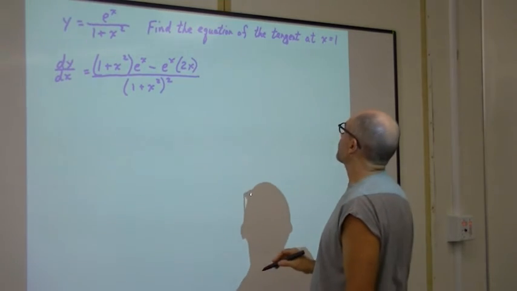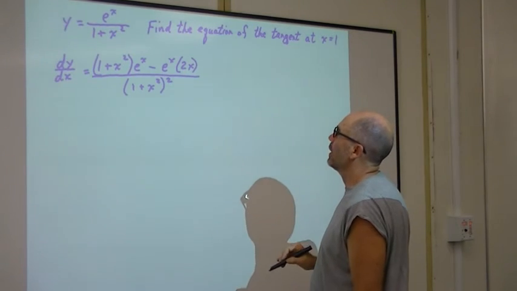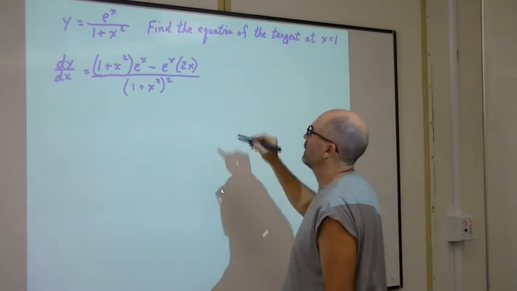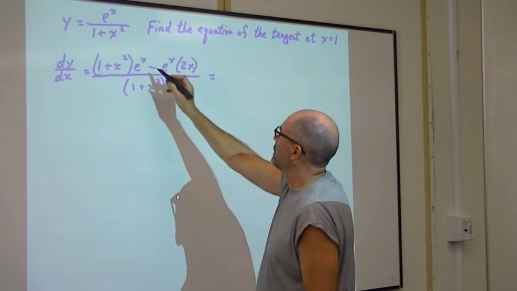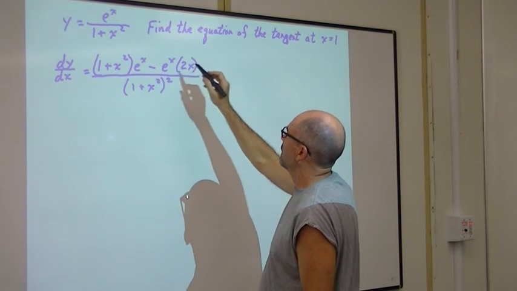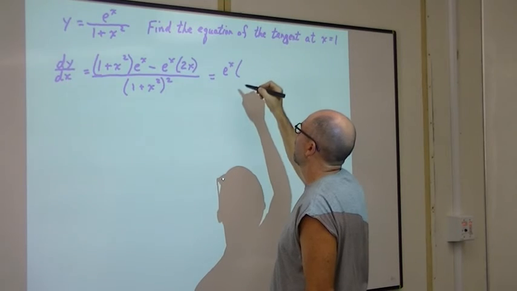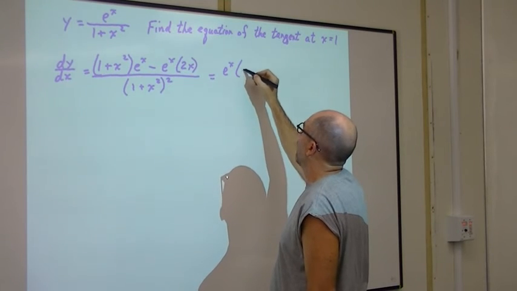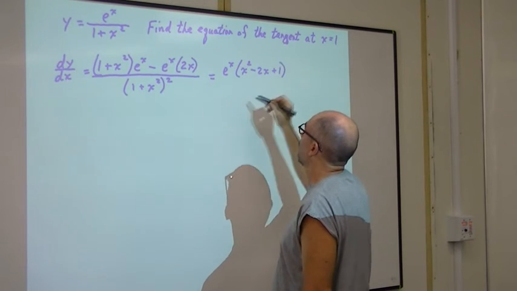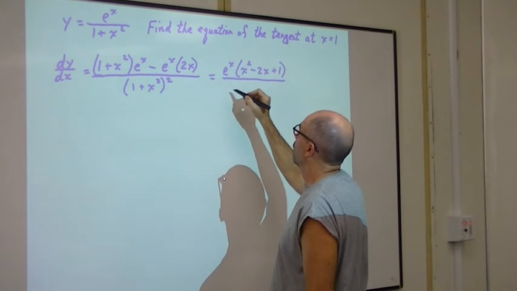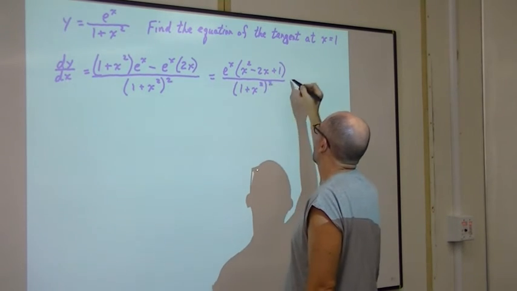So now, remember, we want the derivative of this at x equals 1. Now let's clean this up a little bit. So we're going to say this is 1 plus x squared times e to the x minus 2x times e to the x. So I can factor an e to the x out of the whole thing. And I have x squared minus 2x plus 1 all over 1 plus x squared squared.